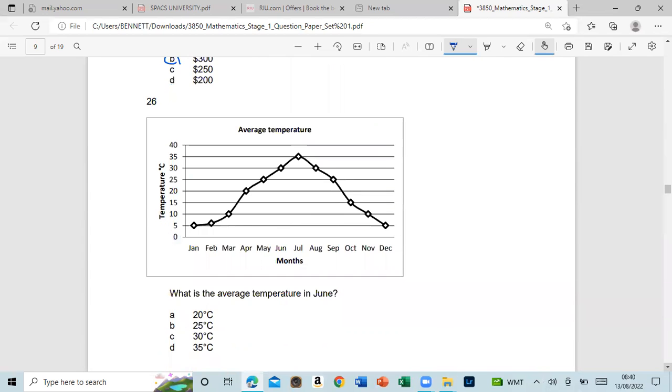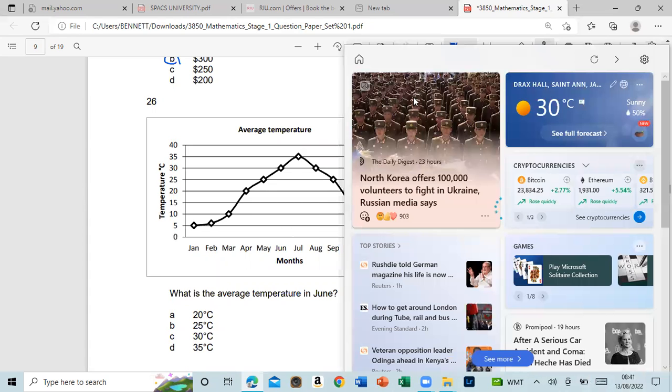26. What is the average temperature in June? So they give you the average temperature, and then they ask you, what is the average temperature in June? C, 30 degrees Celsius, sir.